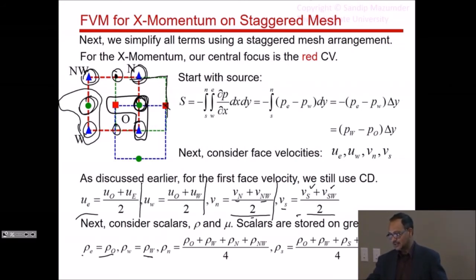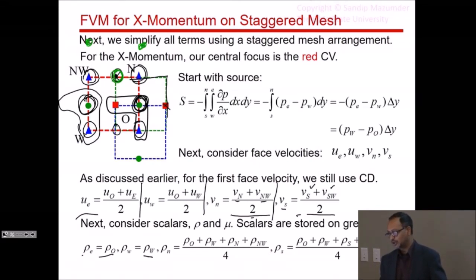Northern face here, big problem. As you can see, there's a green node here, there's a green node here, there is going to be another green node up here, and another one up here. I want to find the value of rho right there. So it's going to be a 4-point average of this node, that node, that node, and that node.